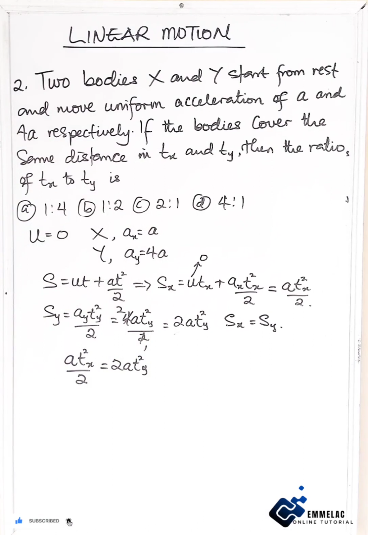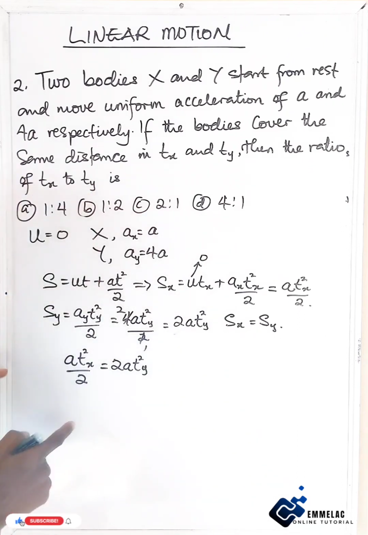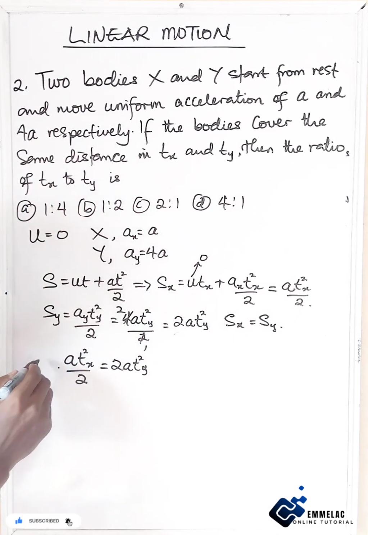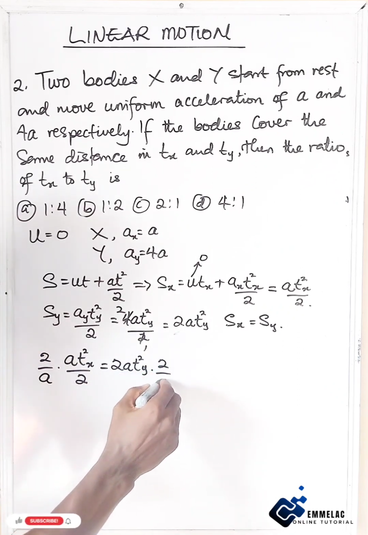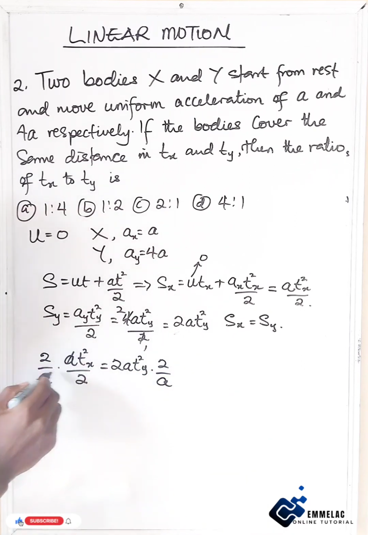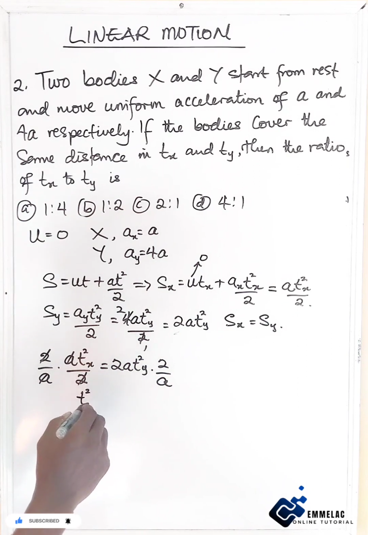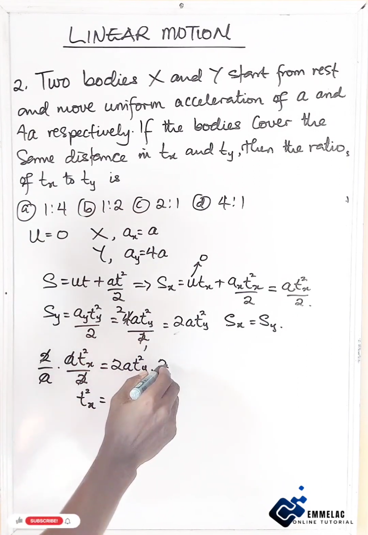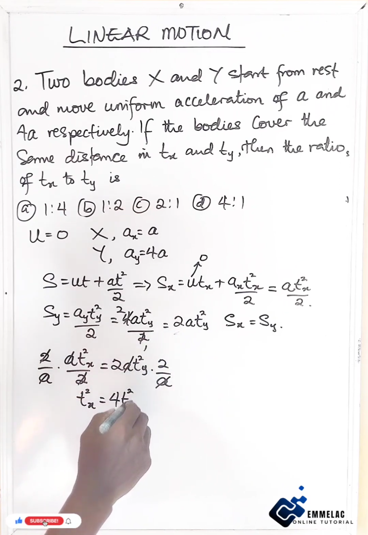Now we are looking for the ratio, so let us multiply both sides by 2 all over a. So a will cancel a, 2 will cancel 2. Here we are left with t squared sub x equals 2 times 2, and a eliminates a, so we are left with 4 t squared sub y.